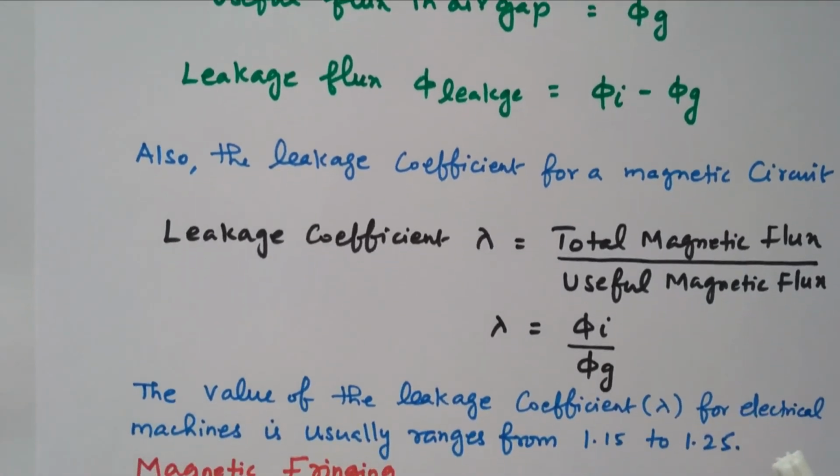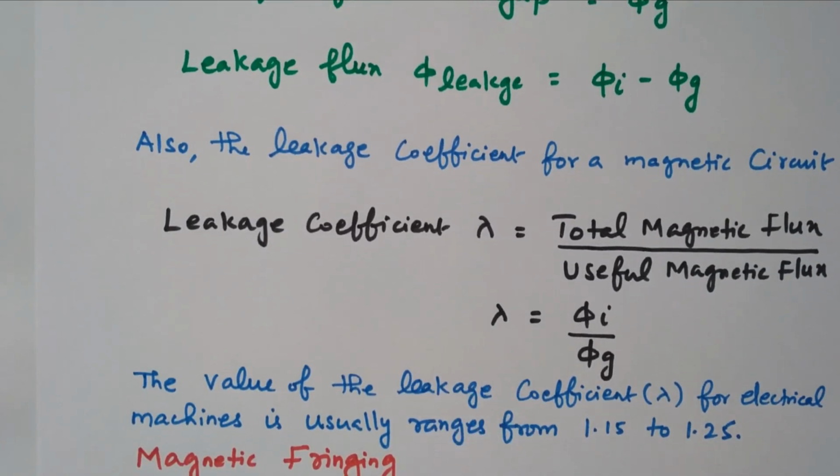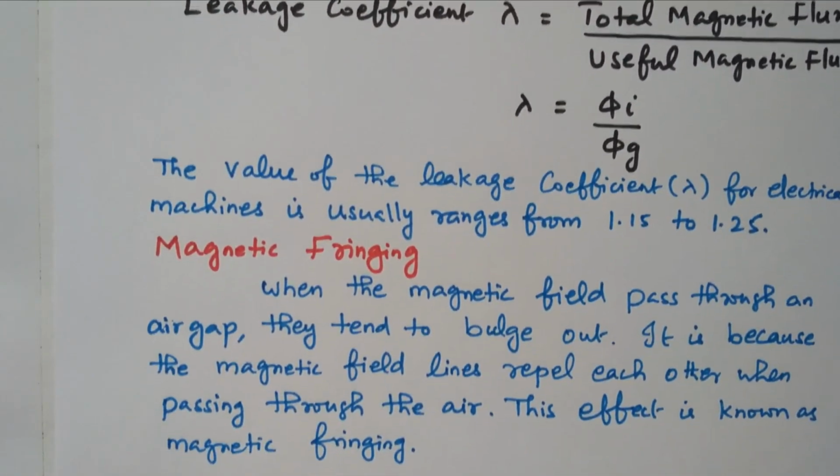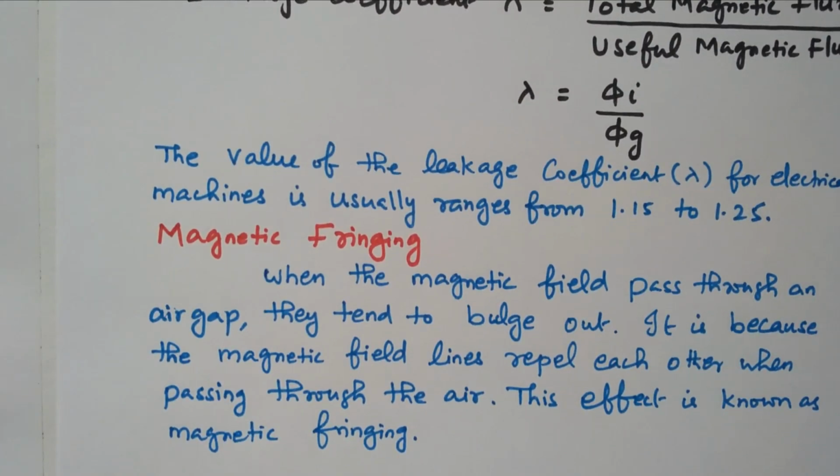We are able to identify the term leakage coefficient. The value of this leakage coefficient lambda for an electrical machine is usually from 1.15 to 1.25. The value is ranging from 1.15 to 1.25.